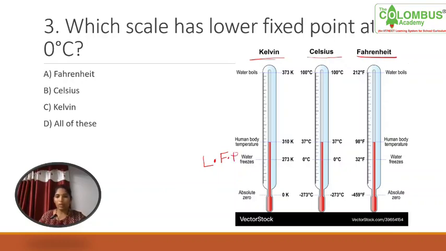The lower fixed point of Kelvin is 273 Kelvin, Celsius 0 degrees Celsius, and Fahrenheit 32 degrees Fahrenheit. So what is the answer? Yes, 0 degree Celsius is the lower fixed point in the Celsius scale. Which scale has lower fixed point at 0 degrees? Yes, Celsius scale.